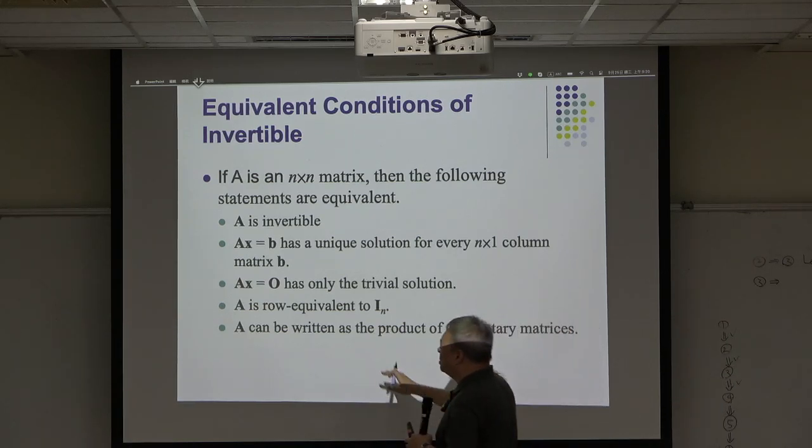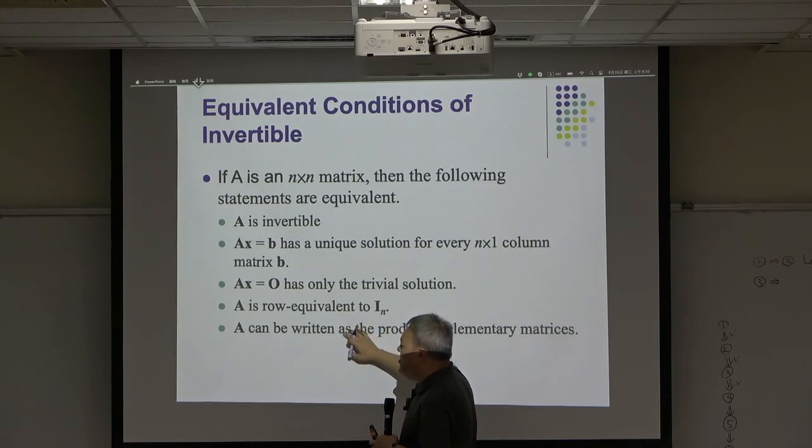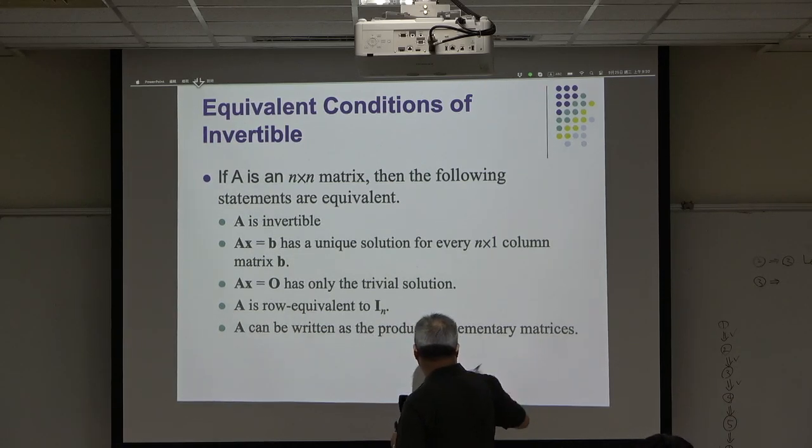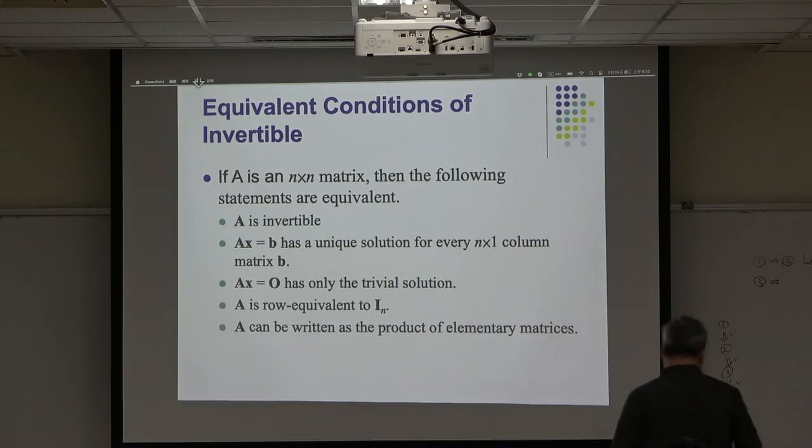So the last one, from 4 to 5. Okay, 4 to 5. If A is row equivalent to I_n, A can be written as a product of elementary matrices.